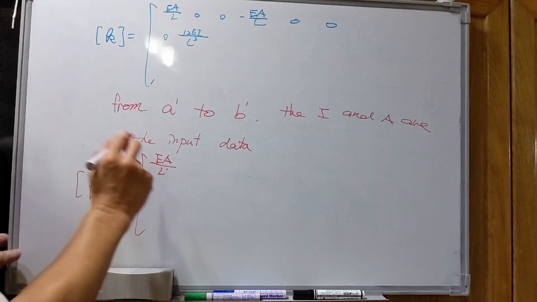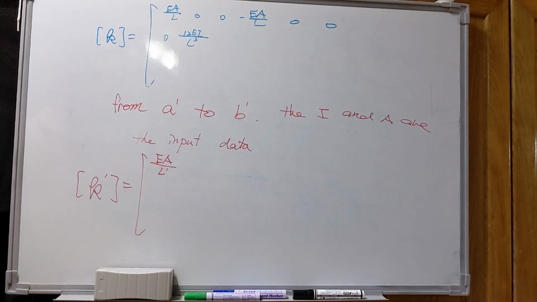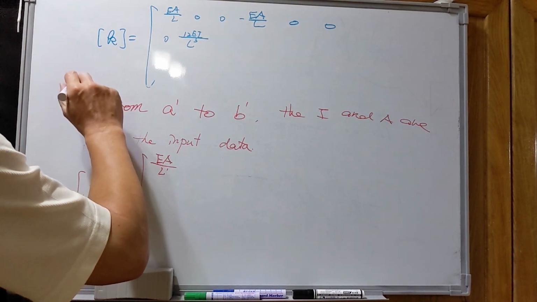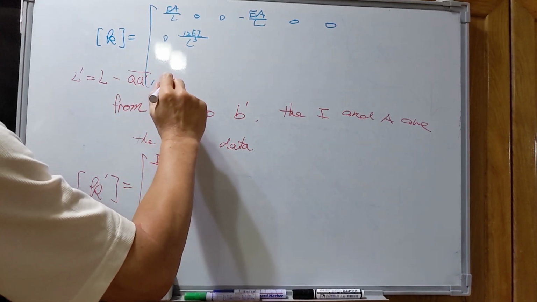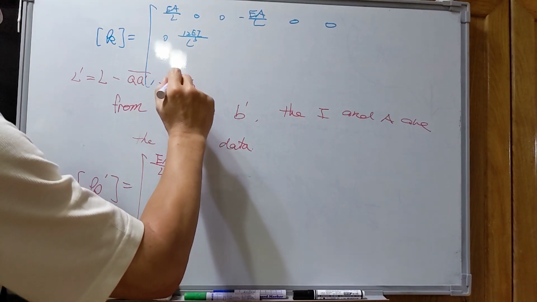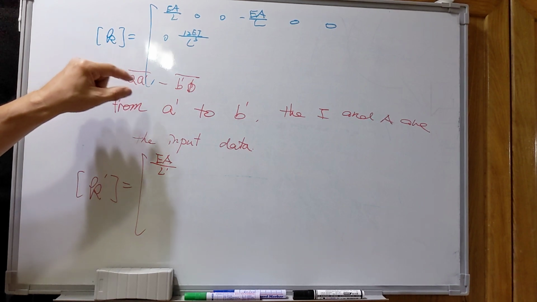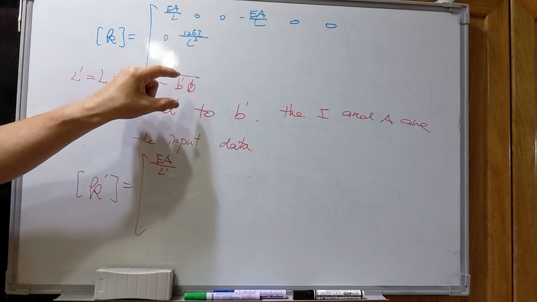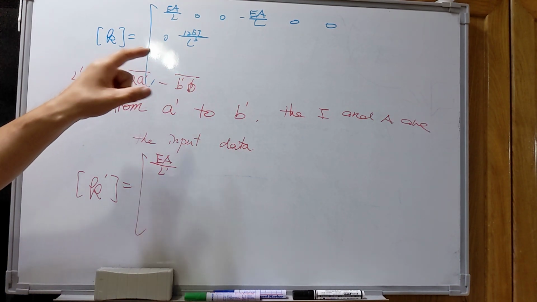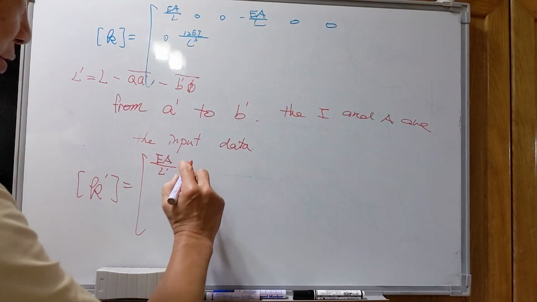And we need to use the length not from point A to point B, we need to use the L prime. So what is the L prime? L prime is equal to L minus AA prime minus B prime B. That's the length of the element minus the length between A and A prime, and minus the length between B prime and B. So here we need to use the L prime.